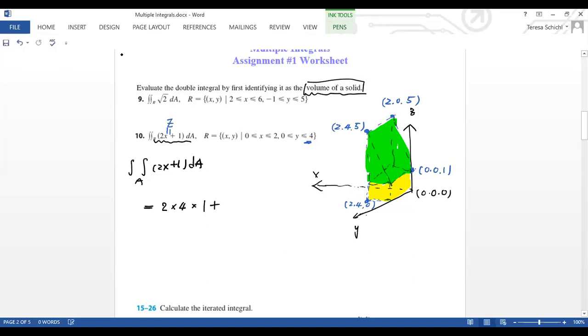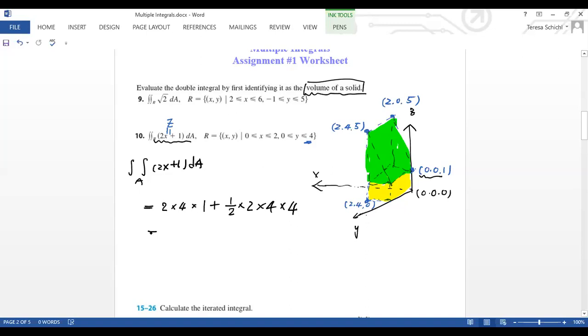This is a triangular prism. To find the volume of a triangular prism, it is half of the rectangular prism. What is the base for this prism? The base here is 2 times 4, correct? And the height is z from 1 to 5, so the height is 4.